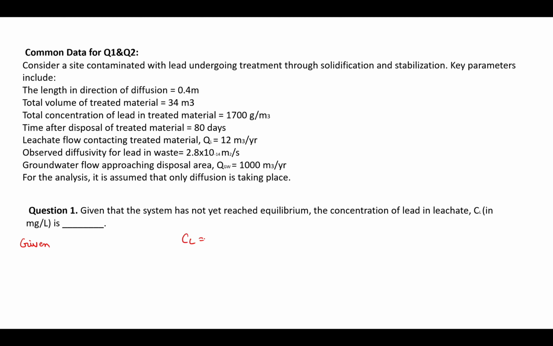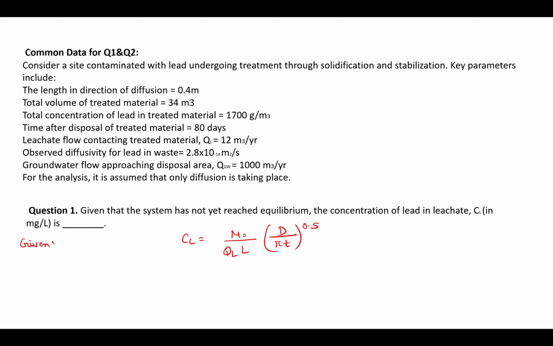M naught is the total mass of the lead in treated material. D is the diffusivity for lead. L is the length in the direction of diffusion. QL is the flow of the leachate, and small t is the time.